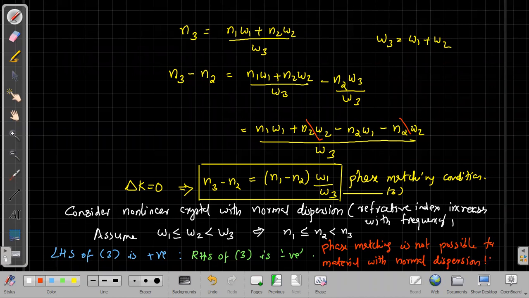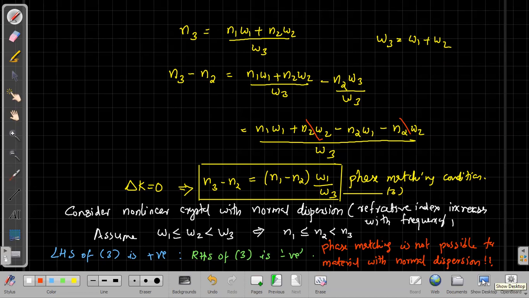Okay, so this is a very surprising result for us, because we have already discussed many nonlinear phenomena in detail, like second harmonic generation, third harmonic generation, even sum frequency generation, and so on. And we have also discussed their practical applications. But now we are saying that it is not possible to achieve the phase matching conditions. So then how are the experimentalists practically producing the second harmonic?